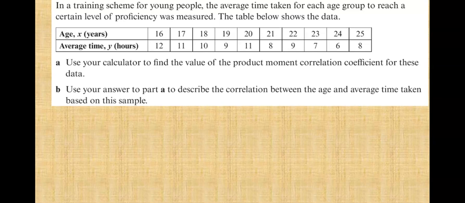Age X in years: 16, 17, 18, 19, 20, 21, 22, 23, 24 and 25, and average time Y in hours is given: 12, 11, 10, 9, 11, 8, 9, 7, 6, and 8. Use your calculator to find the value of the product moment correlation coefficient for this data. So we need to use our calculator.